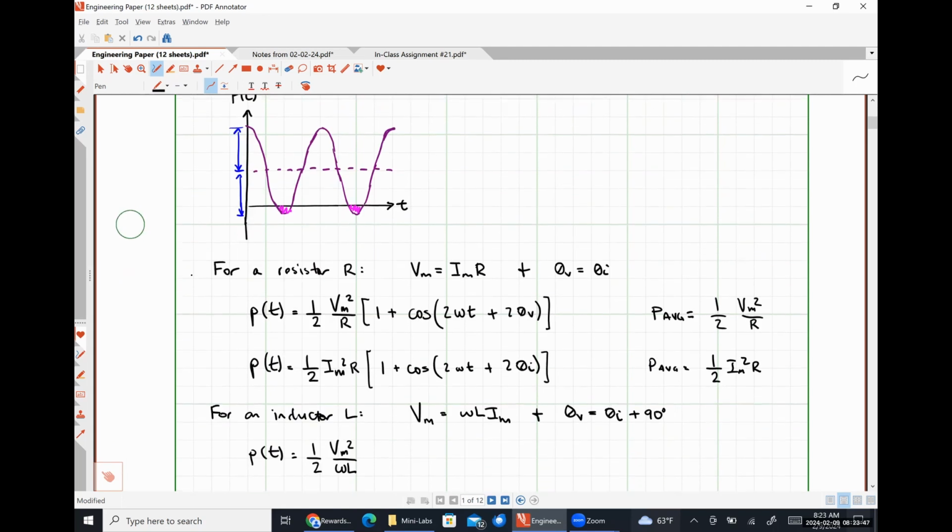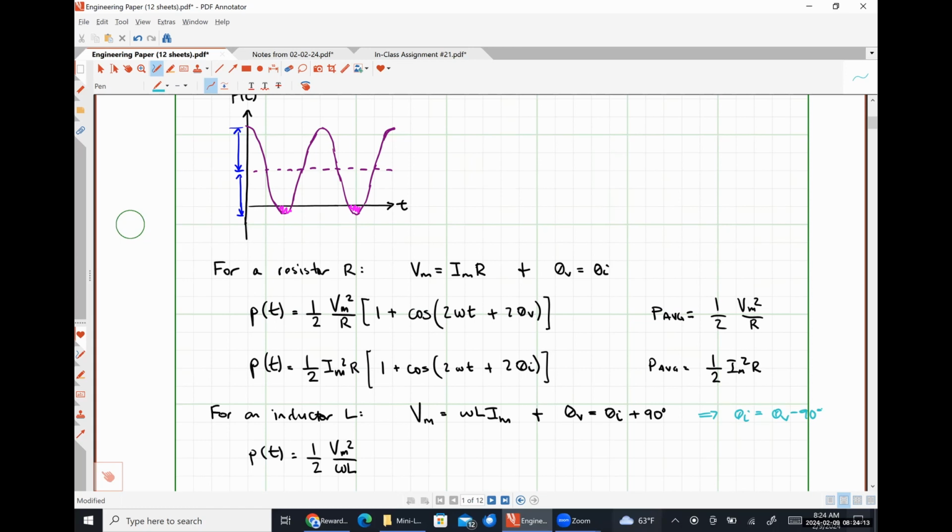I can see from this relationship, let me just put a quick aside here, that theta I is just theta V minus 90 degrees. All I did was move the 90 degrees across the equal sign.